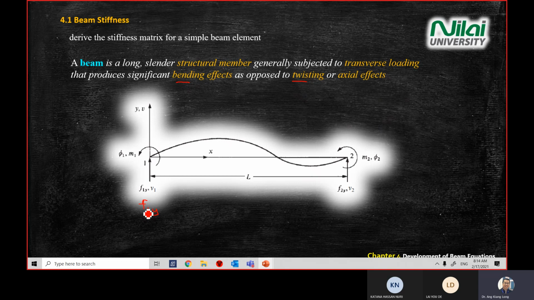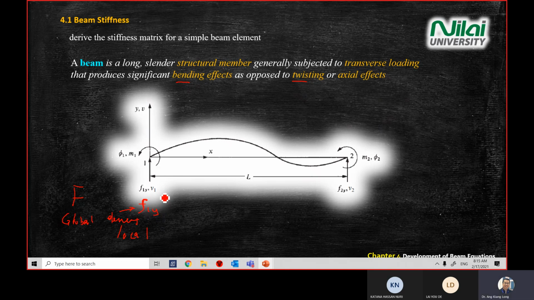What do I mean by f1y? It means force. If you see a small f here, you already understand that it is an element force. If you see a capital F, it means it's a global force. We already covered this in chapter 3: you know what is an element, what is a local force, what is a global force. So a small f means it's an element force, 1 means point 1 or node 1, and y means in y direction.